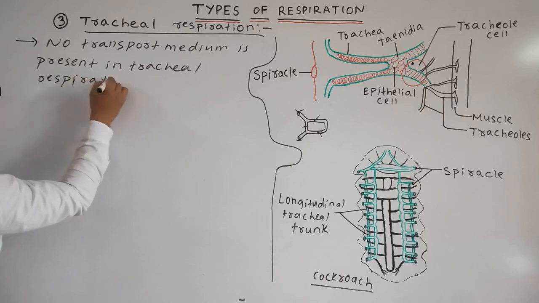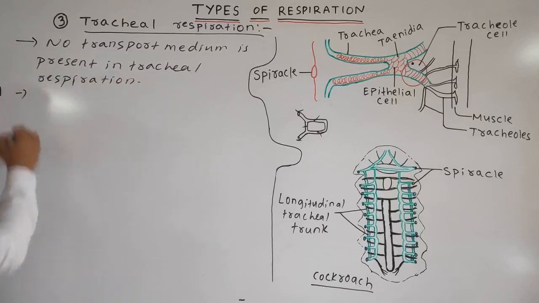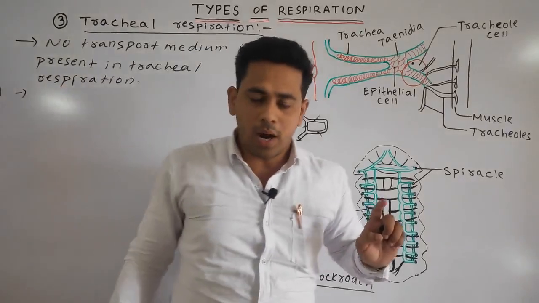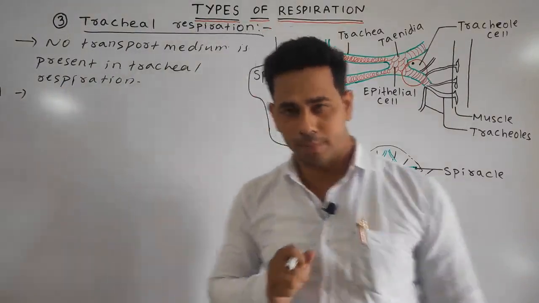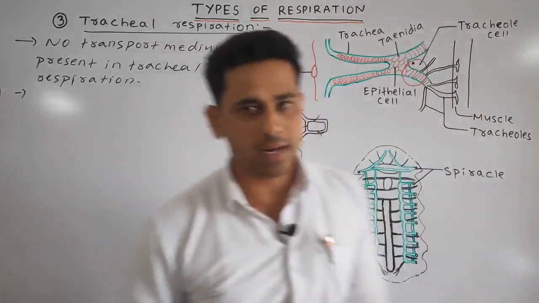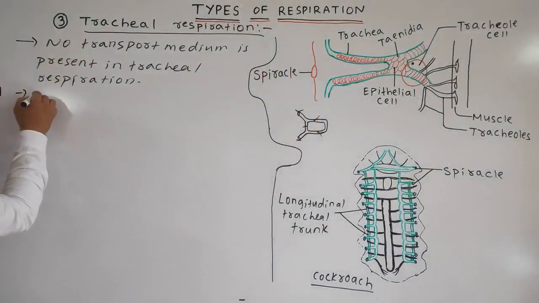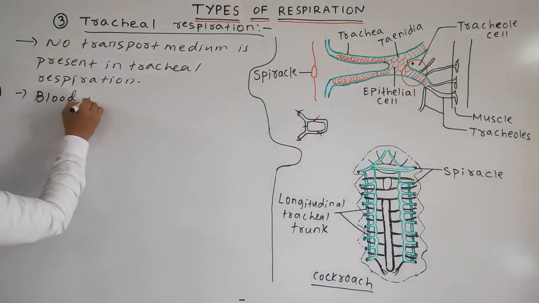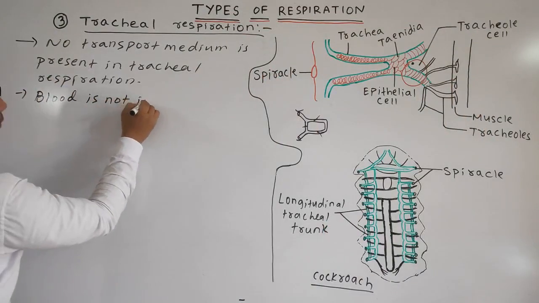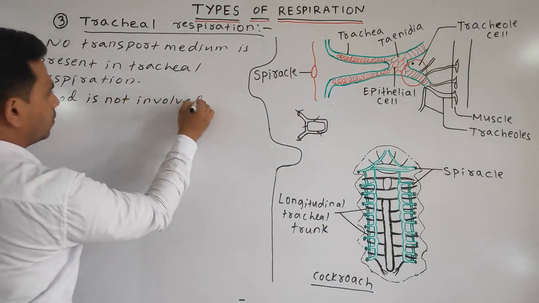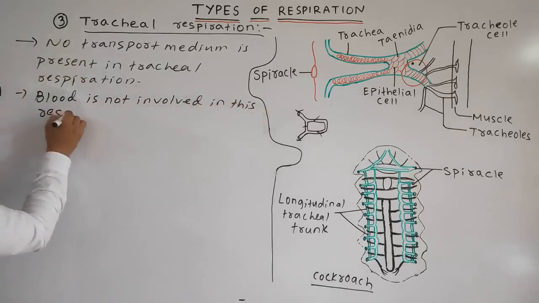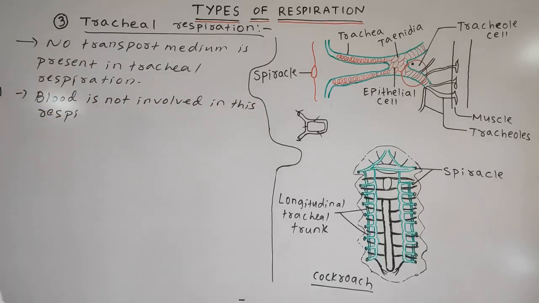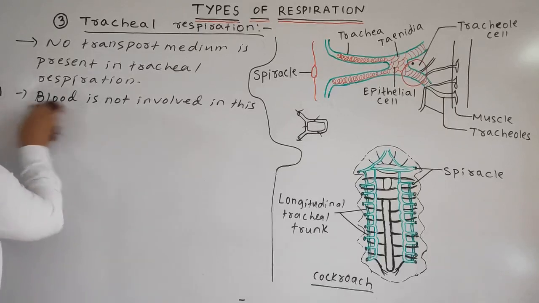That is why we can say, students, that blood has no role, or blood is not involved, in tracheal respiration. So we can write our next point: blood is not involved in this type of respiration.